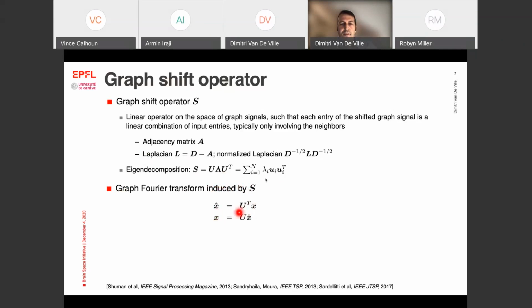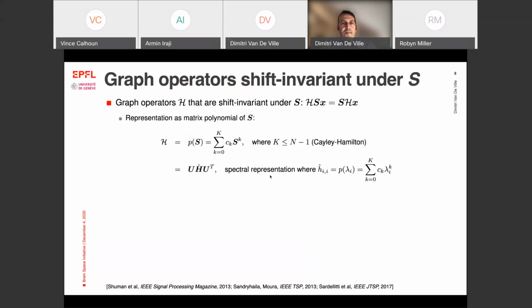And since this is a unitary transform that is defined by U, we can get back with a perfect reconstruction to the original signal. That also means that if you apply the graph shift operator to a graph signal, you could look at that operation in the spectral domain by a weighting of the spectral coefficients of your graph signal by the eigenvalues of the graph shift operator.